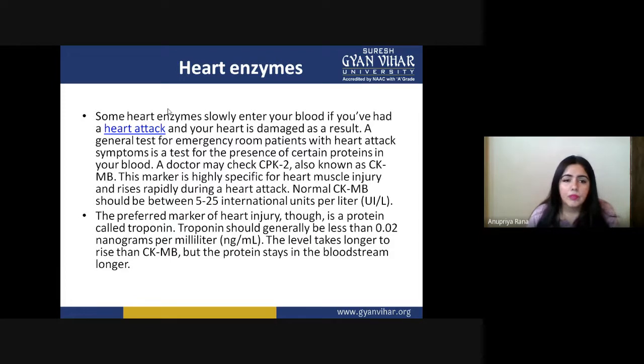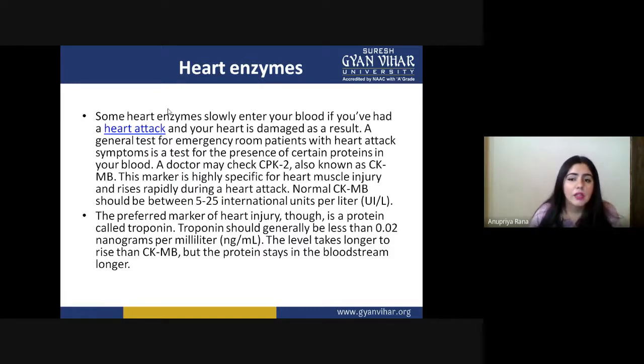The preferred marker of heart injury is a protein called troponin. Troponin is the preferred marker caused by heart injuries, and it should generally be less than 0.2 nanograms per milliliter.